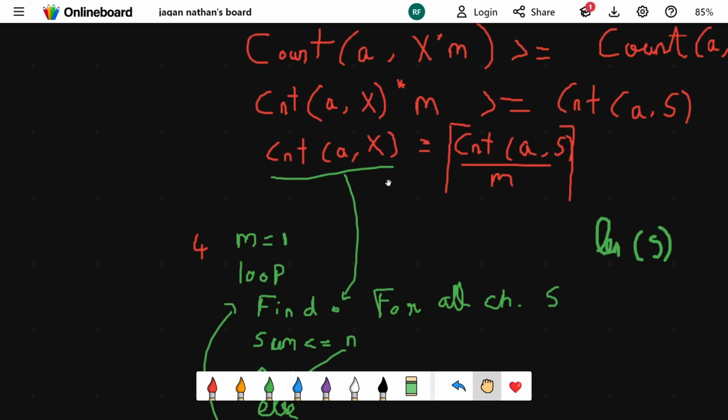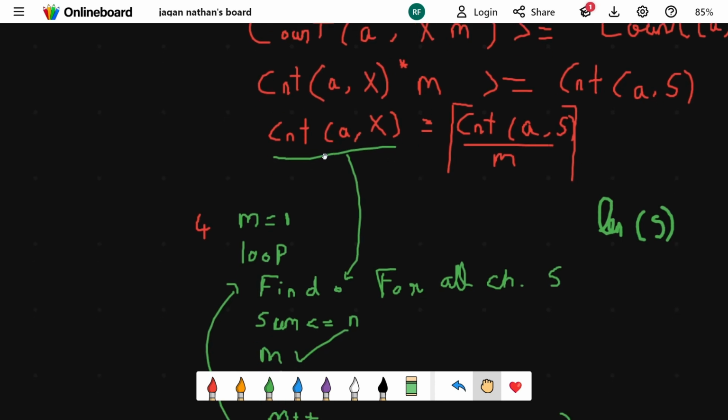How will we actually do that then? Well, we know for a particular single character A, the count in x should be this value. For that, we can do this for all the characters A, B, C, D, and so on, and each of them will give a value C1, C2, C3, C4, which are the counts of that particular character in x.